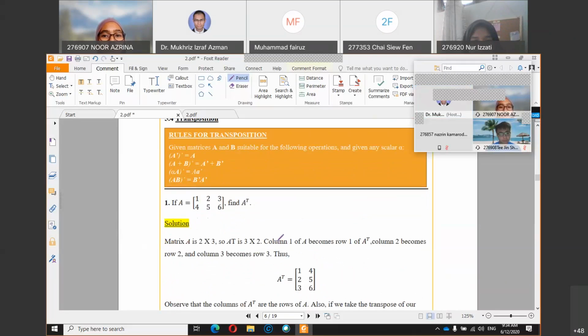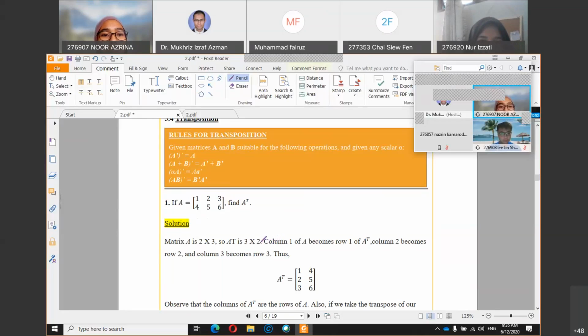Azrina, so what do you understand by transposition or transpose matrix? In transpose, we can also find the same answers with different column and row.